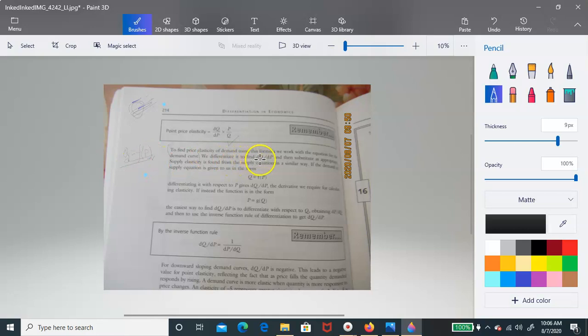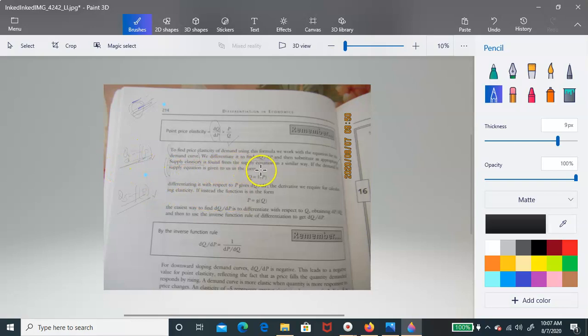We differentiate it with respect to P, dQ over dP, to get this term, and then substitute as appropriate. On the other hand, supply elasticity is found from the supply equation in a similar way. That will be the supply curve, where supply also depends on price. This is from the law of supply, and that is from the law of demand.